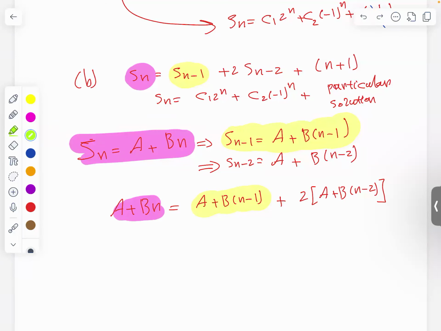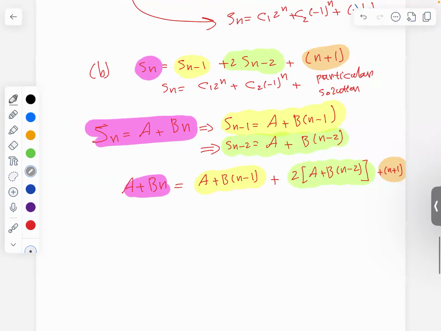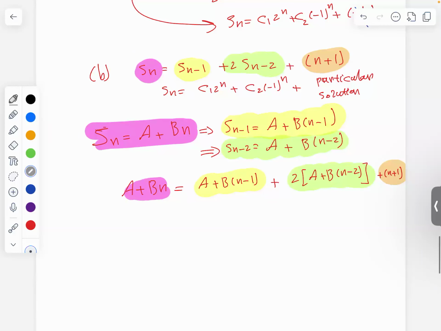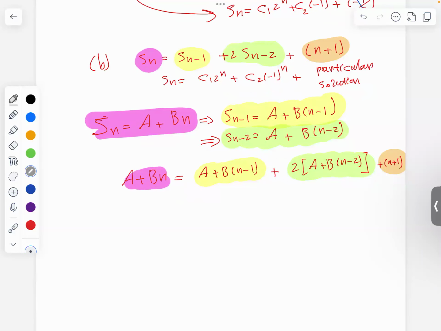All right. So where we were. So this one, this one. Plus n plus 1. I hope this coloring, the highlighting of the text, will help you.